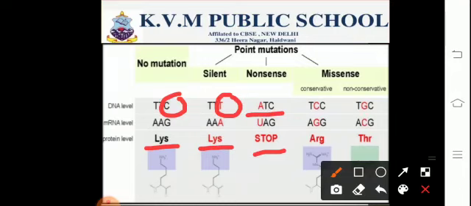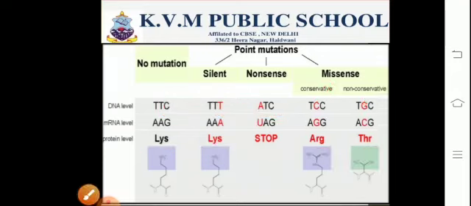So there will be no formation of the protein. In missense mutation, because of the addition of a faulty nitrogenous base, there is production of an altogether defective or altered amino acid. Instead of lysine, as can be seen in the slide, there is production of arginine and threonine.